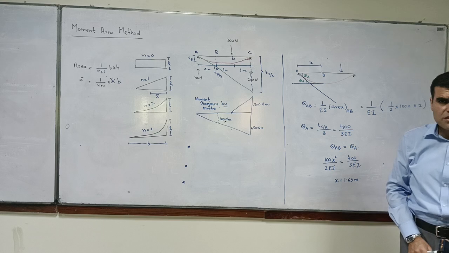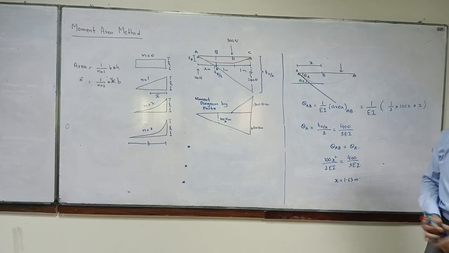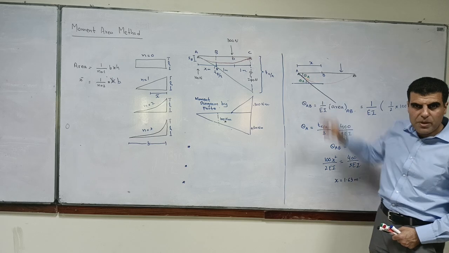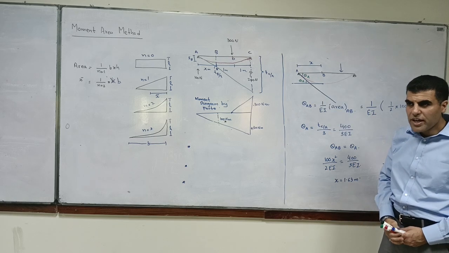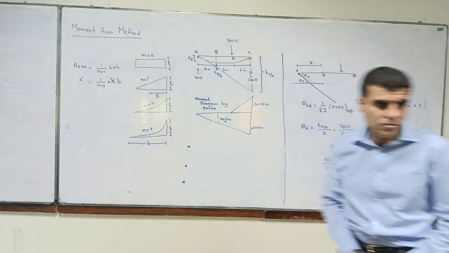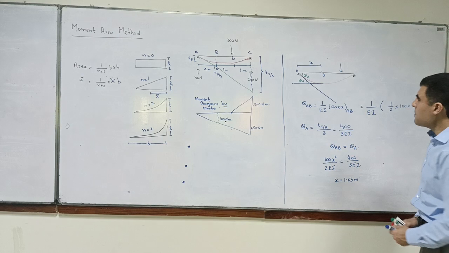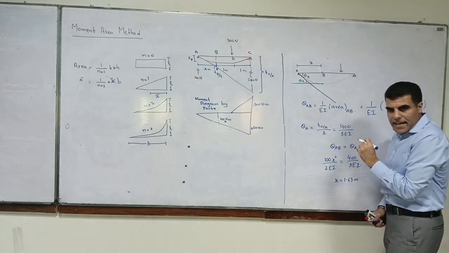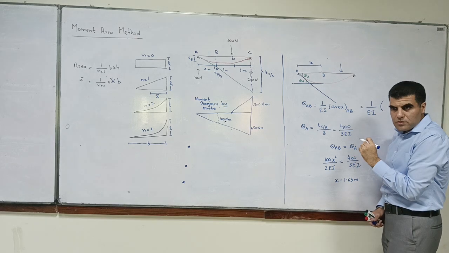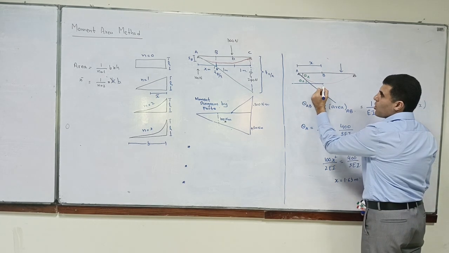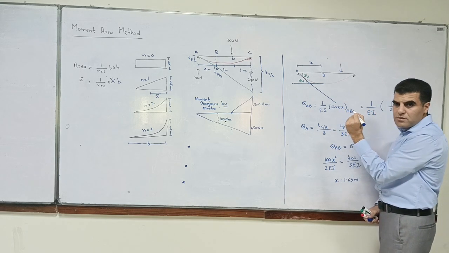Theta AB is area covered between A and B. Where have you drawn theta AB here? So this is your theta AB. What is theta AB first of all?